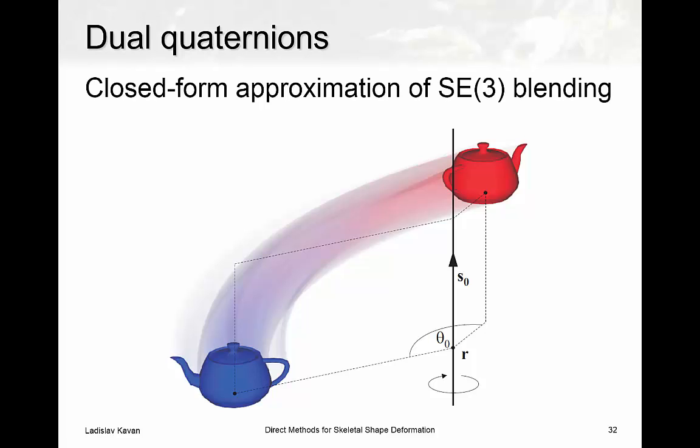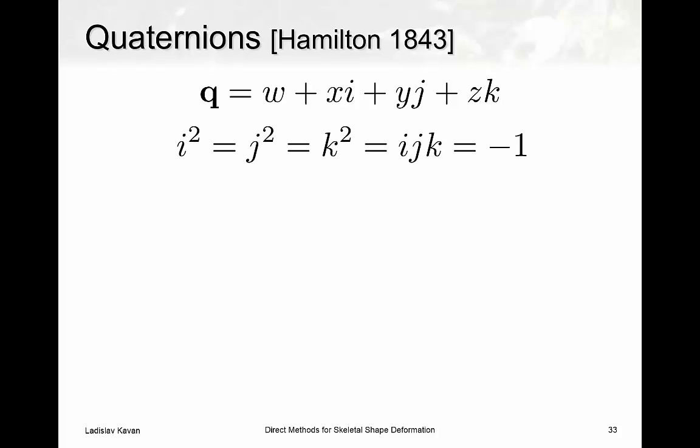And the cool thing about dual quaternions is that they let you do a closed form approximation of the SE3 blending. So you can have nice, very efficient closed form expressions which get you something which is not as good as the manifold intrinsic blending, but it gets very close. It's definitely much better than doing linear combinations of matrices. So what are dual quaternions? Dual quaternions are a generalization of regular quaternions, right?